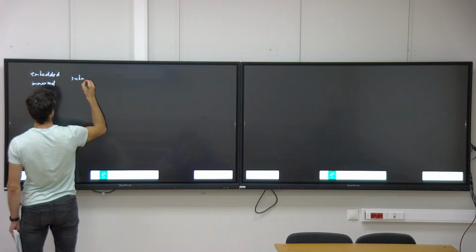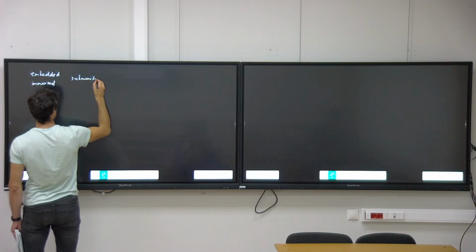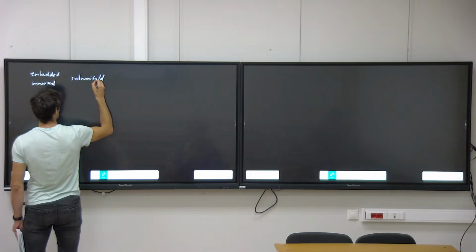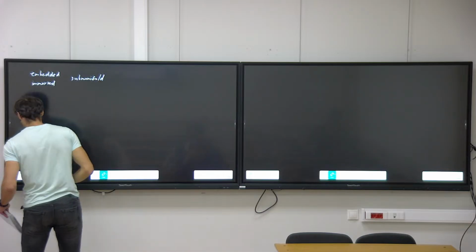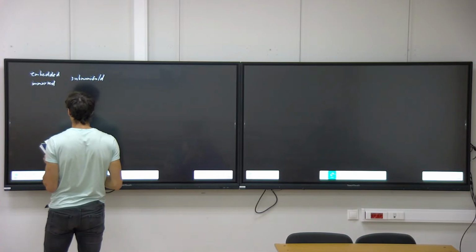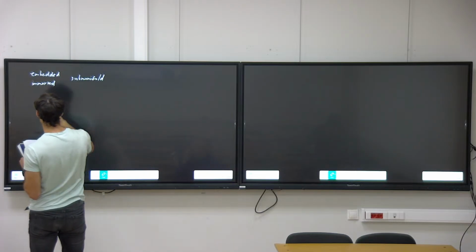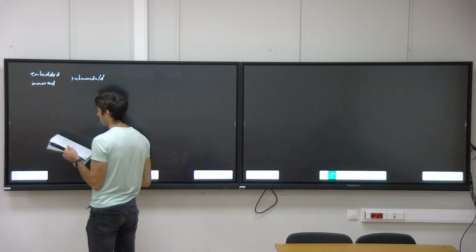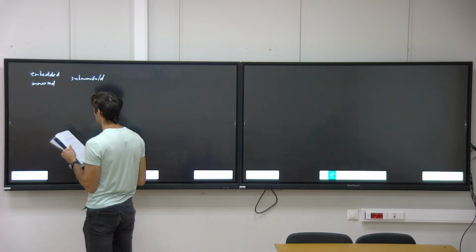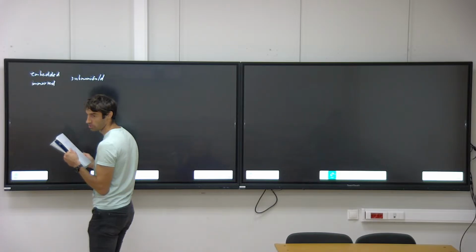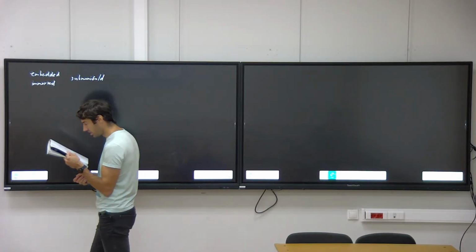Submanifold by default is usually embedded for us. So there is a way to say whether your subset is an embedded submanifold or not.